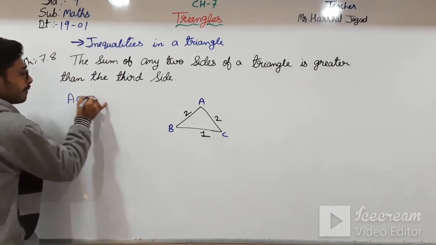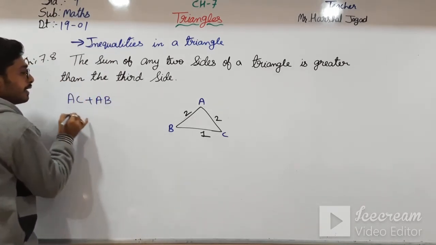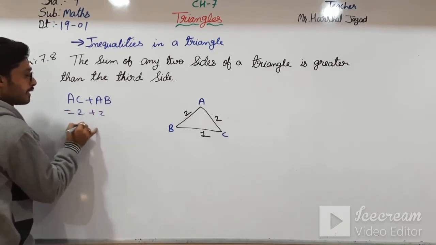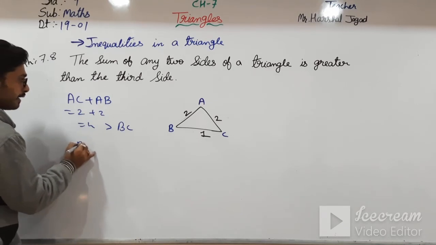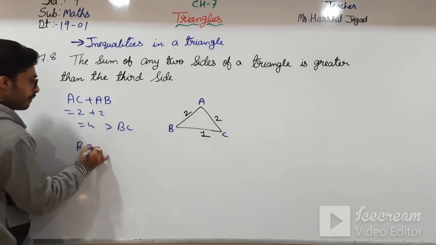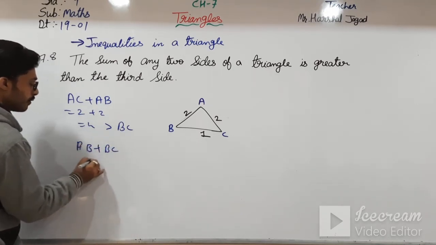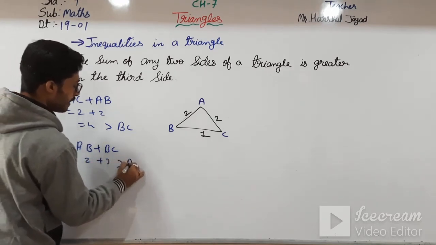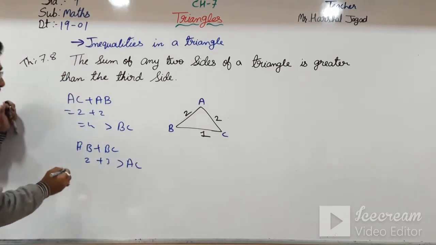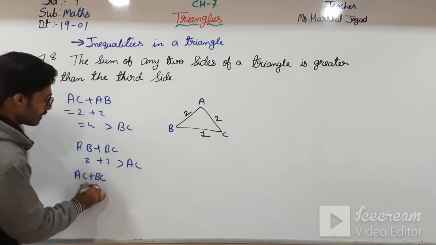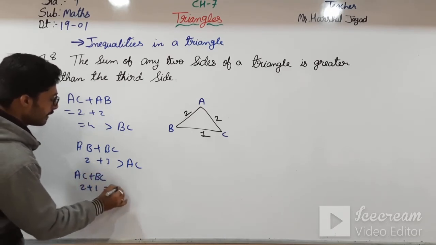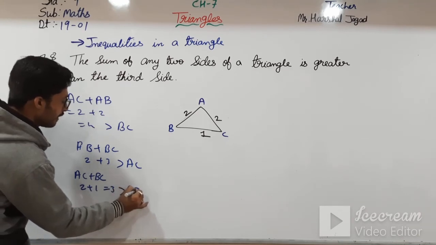AC plus AB is 2 plus 2, that is 4, which is greater than BC. AB plus BC is 2 plus 1, 3, which is also greater than AC. And AC plus BC is also 2 plus 1, 3, which is greater than AB.